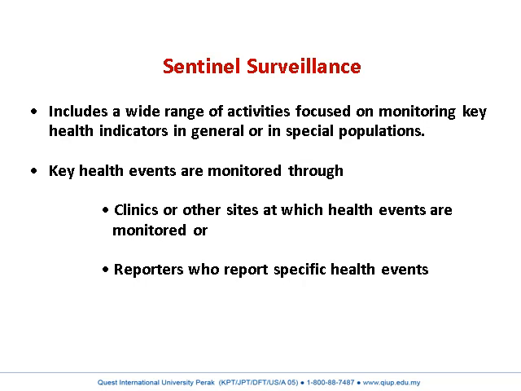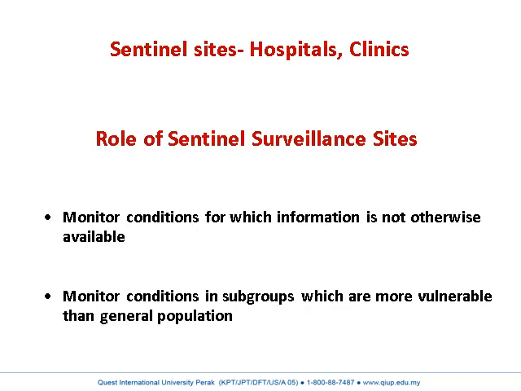Key health events are monitored through clinics or other sites at which health events are monitored, or reporters who report specific health events. Sentinel surveillance sites are mainly hospitals and clinics. The role of sentinel surveillance sites is like this: they monitor conditions for which information is not otherwise available, and monitor conditions in subgroups which are more vulnerable than the general population.